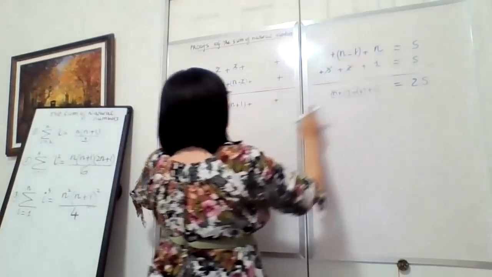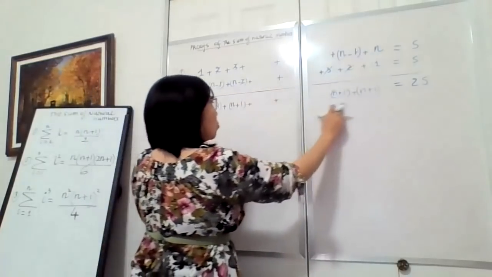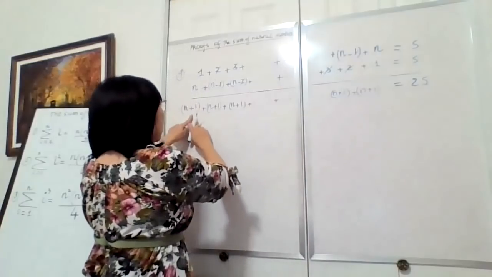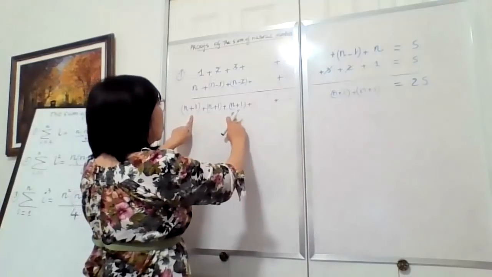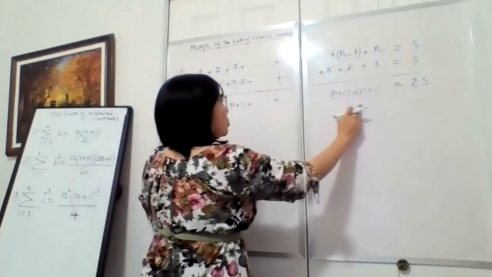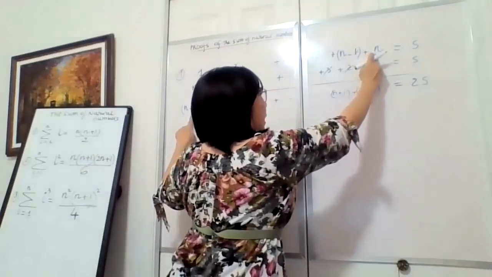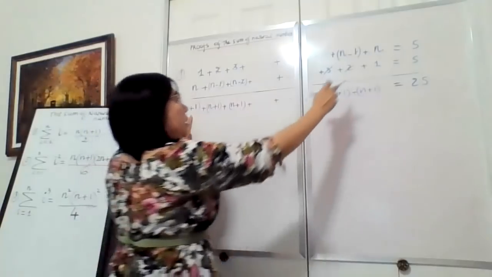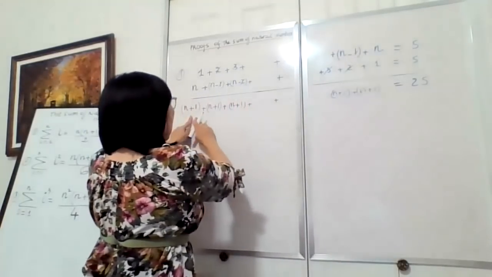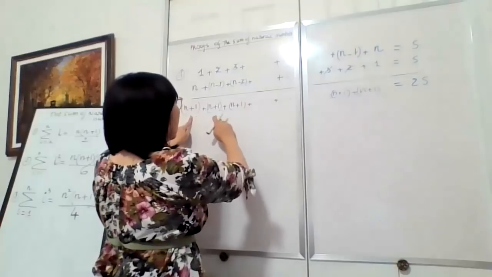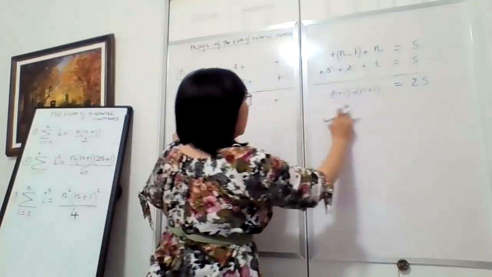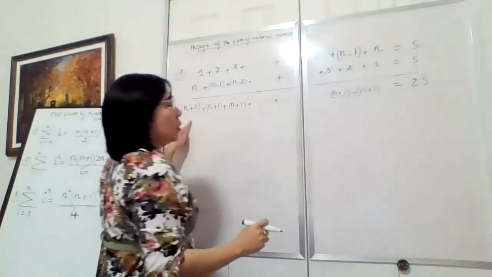Whatever n terms we have, that is how many n plus 1 terms we have. So this is the first term, second, 3, 4, 5, 6, 7, and so on up to 100 if n equals 100 terms. If n is 50 terms, then all of this will be first term, second term, third term, fourth term, up to the last one, which is the 50th.